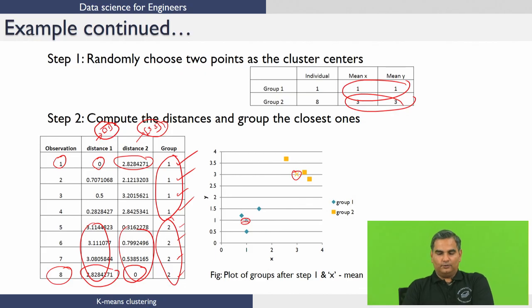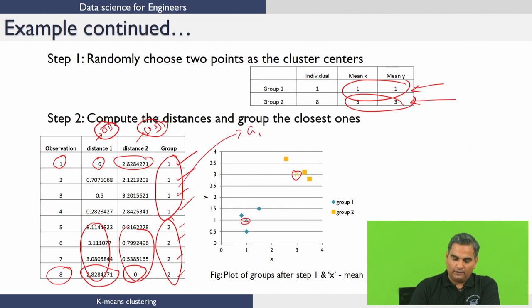Now, what you do is you know that these group positions or the centers of these groups were randomly chosen, but we now have more information to update these centers, because I know all of these data points belong to group 1 and all of these data points belong to group 2.